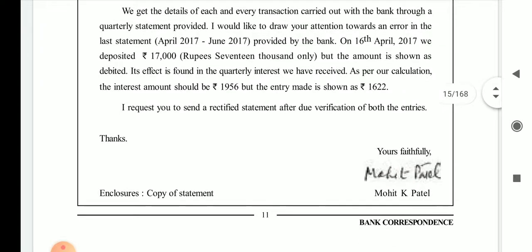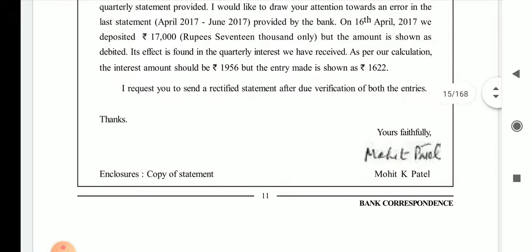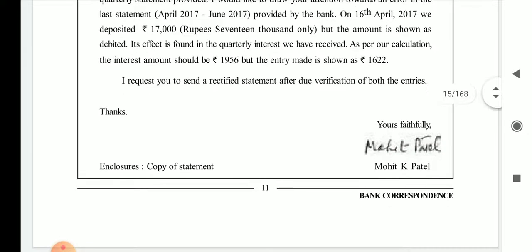Mohit Patel also mentioned that they suffered some financial loss in the interest. That means the quarterly interest they get is quite low as per their calculation. As per our calculation, the interest amount should be rupees 1956, but the entry made shows 1622.